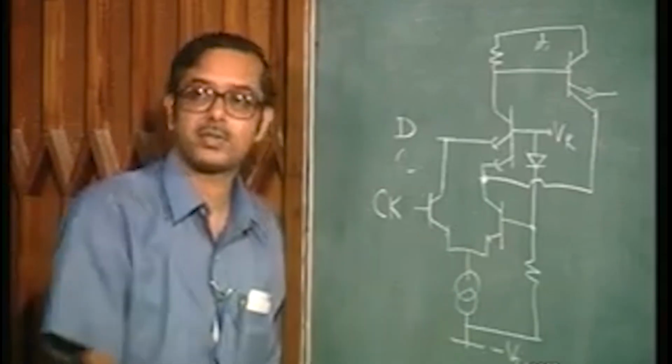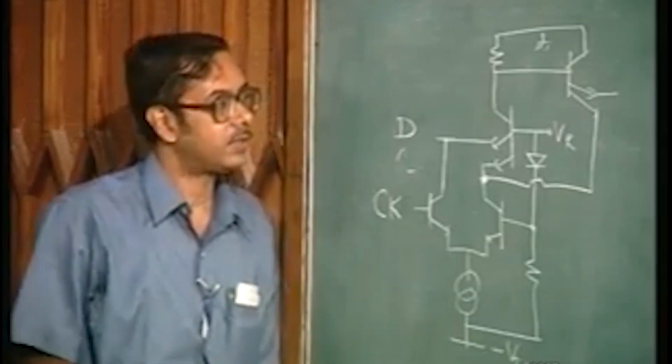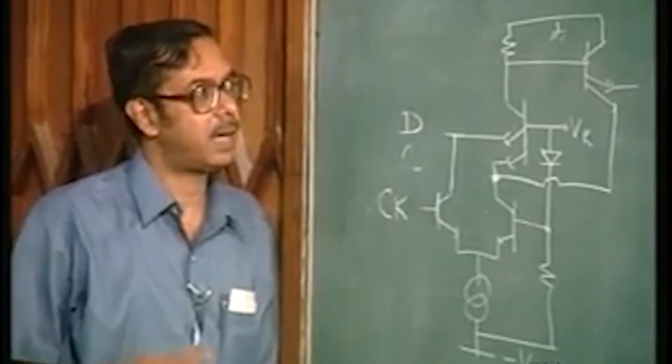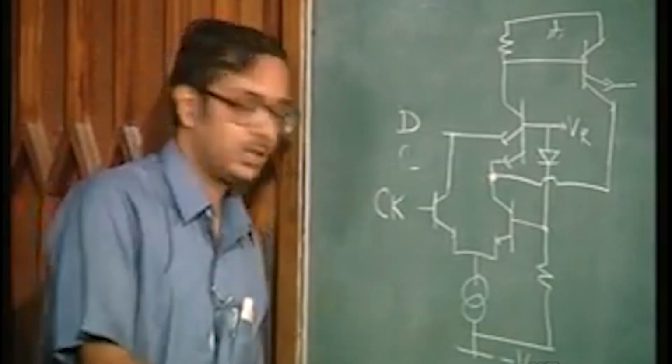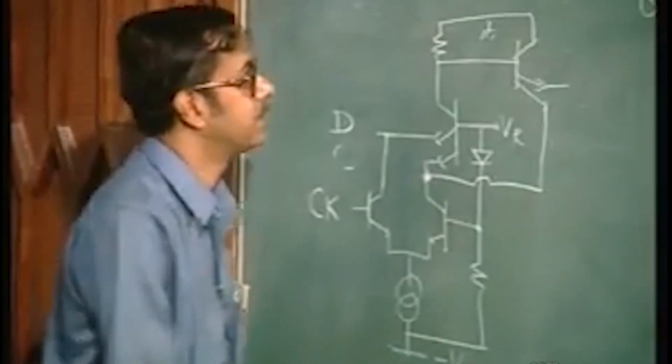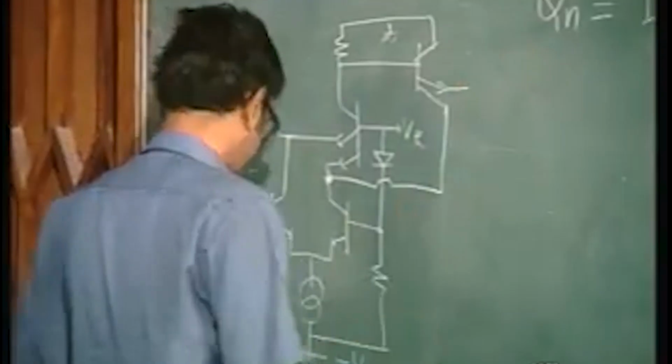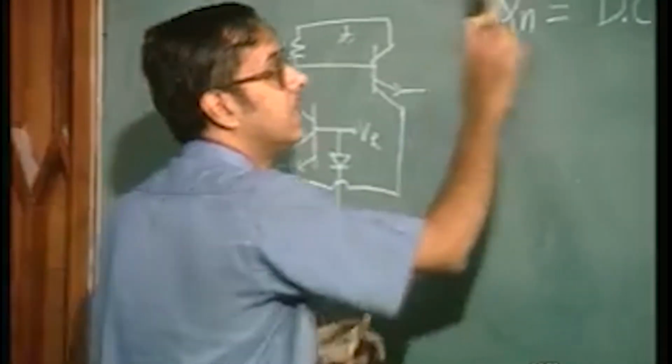You have a single current source here, and of course, you can realize a master slave D flip flop. How do you do that? You have to have a similar gate. I will just draw it to give completeness.